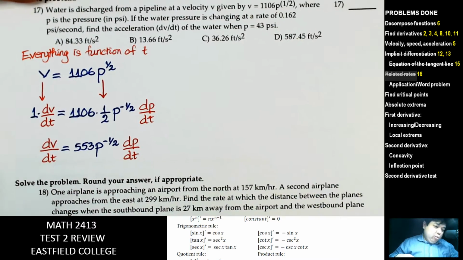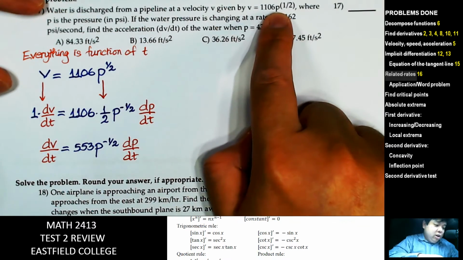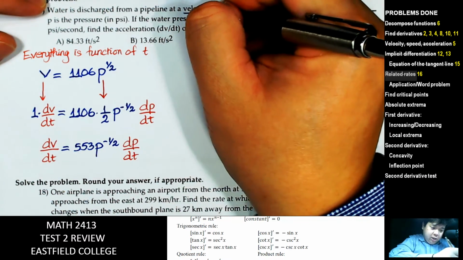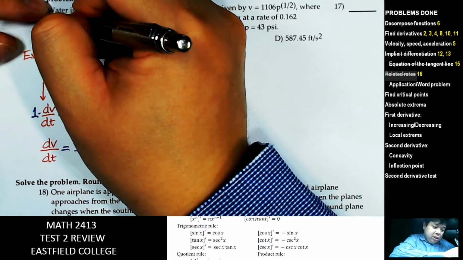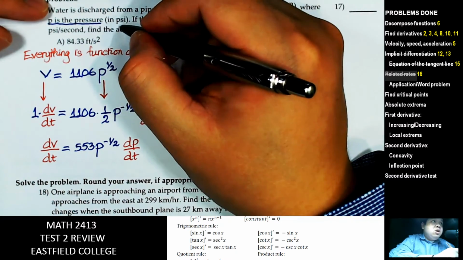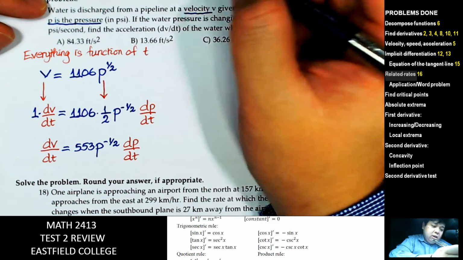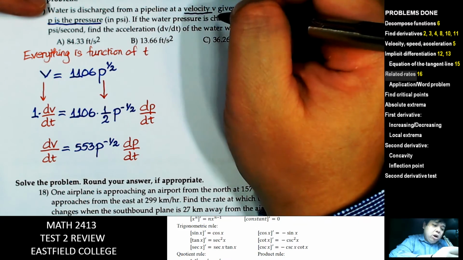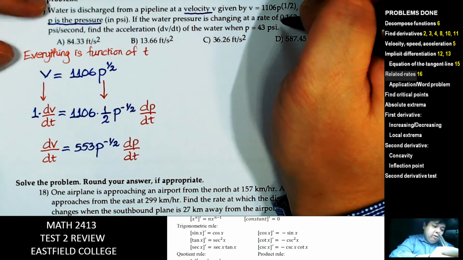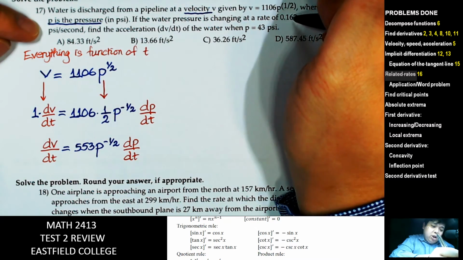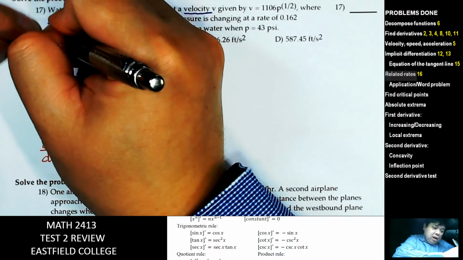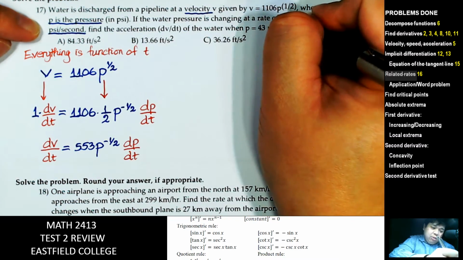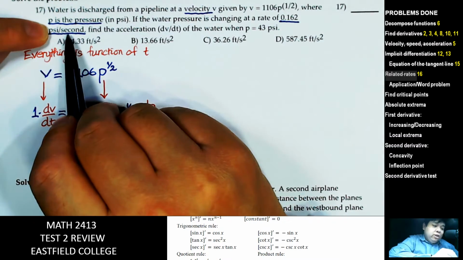Right. Now we look at the problem. So we have the equation. v is the velocity, so we just underline some important things. And p is the pressure. The pressure is in psi, pounds per square inch. If the water pressure is changing at the rate of 0.162 psi over second, so very important that we have that number, psi over second.